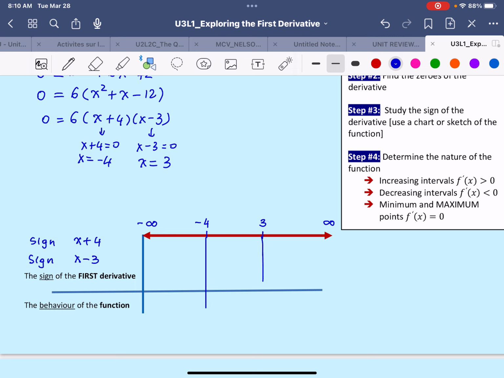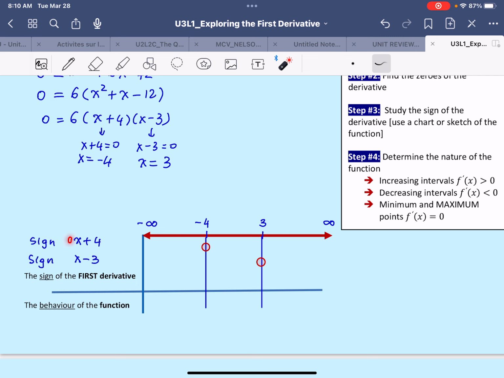So I'm going to drop the perpendiculars in here. So x equals negative 4 will be the zero of the factor x plus 4, and x equals 3 will be the zero of the factor x minus 3. Oops. That turned out very interesting. So the sign of the first derivative will be determined based on the signs of x plus 4 and x minus 3.